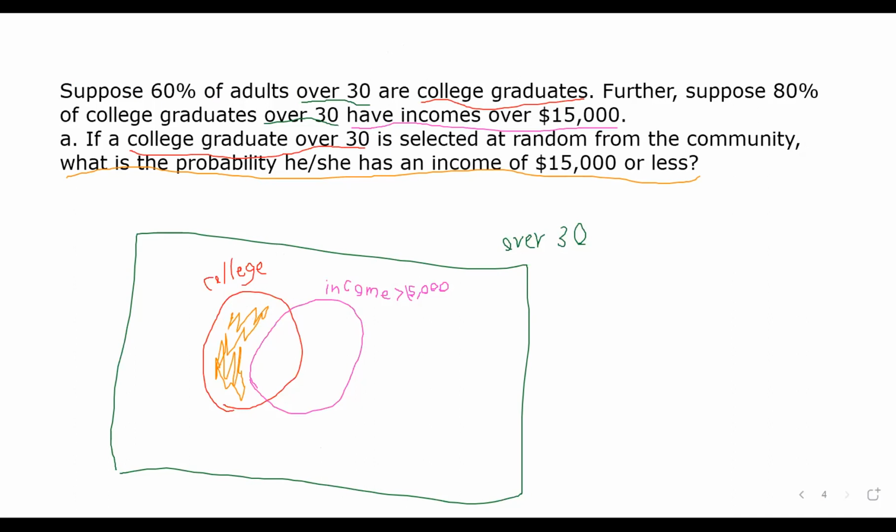But when you're doing conditional probability, let's introduce names. I'm going to make O equal to the event over 30, but that's the universal set.